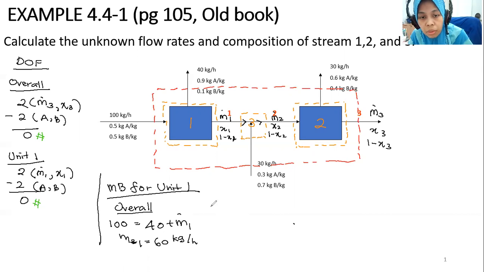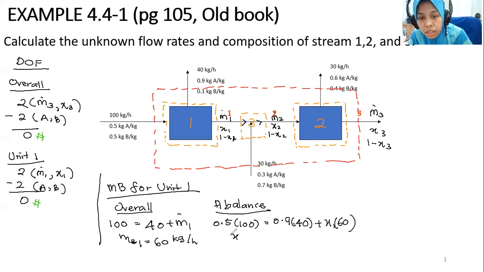Then we can do the A balance for unit 1. So 0.5 times 100 equals 0.9 times 40 plus x1 times M1, which is 60 here.